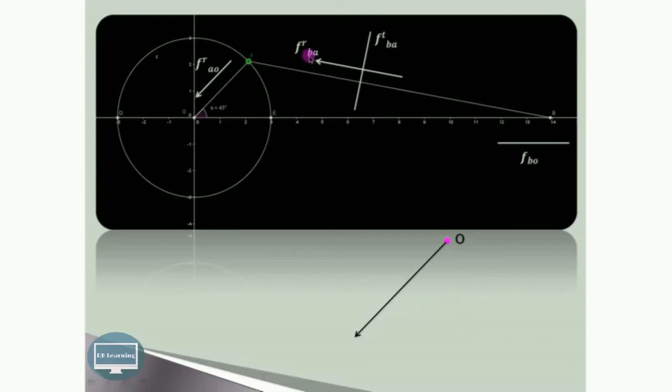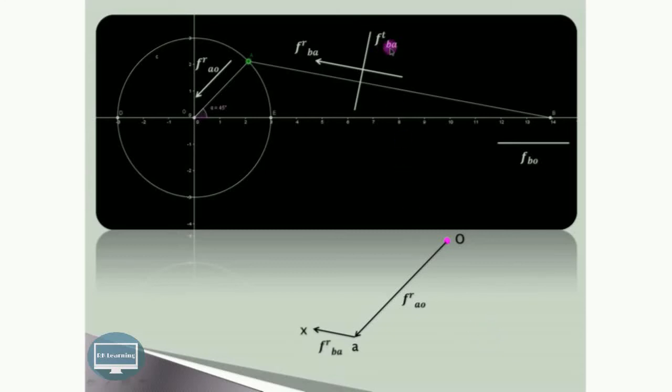Then the second vector is FRBA, that is radial or centripetal acceleration of B with respect to A. Out of this, the B and A points are known. So from point A, draw a line parallel to this vector to a certain scale. So this is nothing but FRBA.